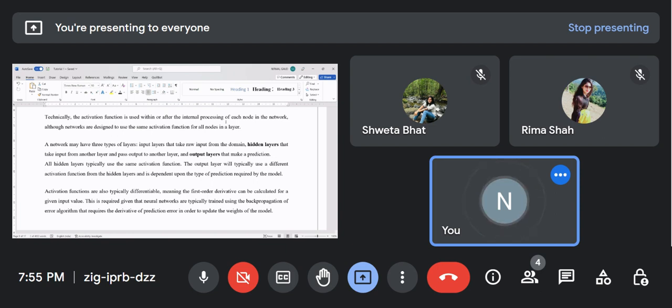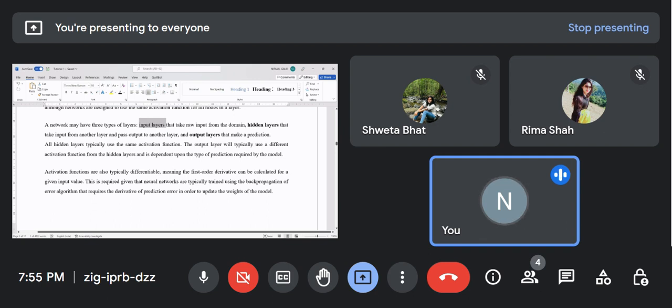A network has three types of layers. We know the input layer, hidden layer, and output layer. These are the basic layers for a neural network. All hidden layers have the same activation function. Whatever hidden layers we are having, they are having the same activation function. The output layer will typically use a different activation function from the hidden layers and is dependent upon the prediction required by the model.